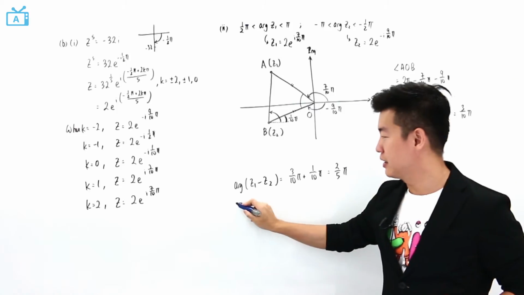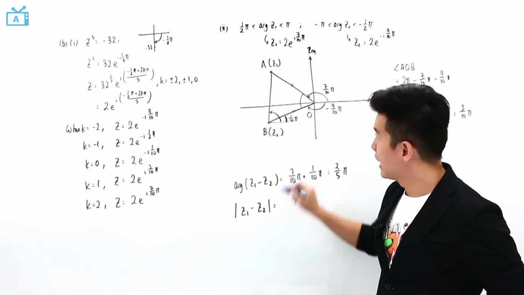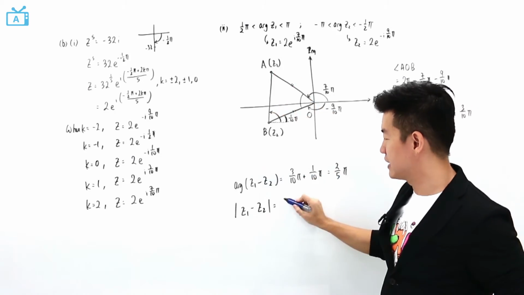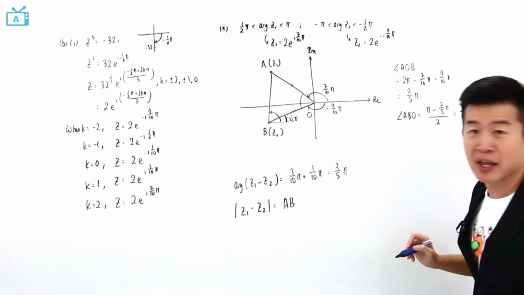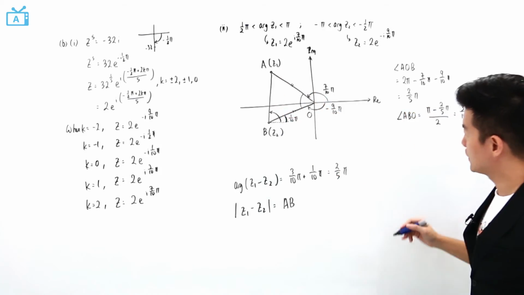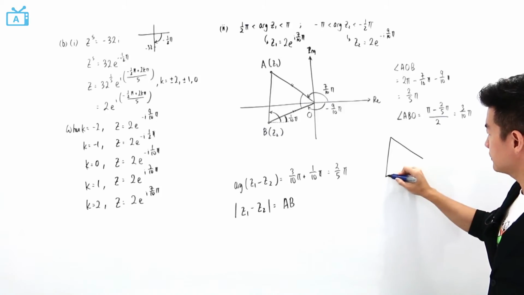Next, we want to find the modulus of Z1 minus Z2. Using my diagram, the modulus of Z1 minus Z2 is actually this AB over here. To find AB, I'm going to make use of, once again, this isosceles triangle.